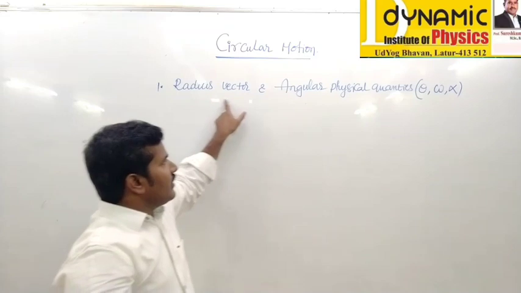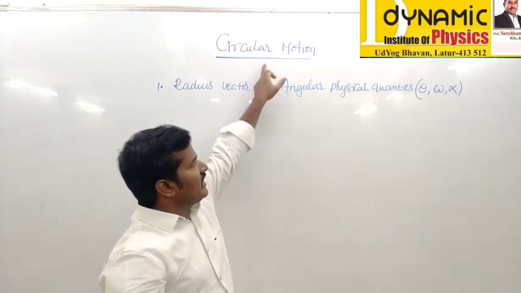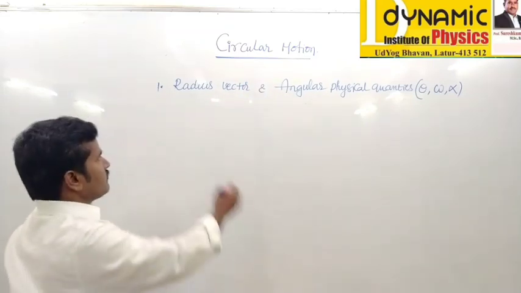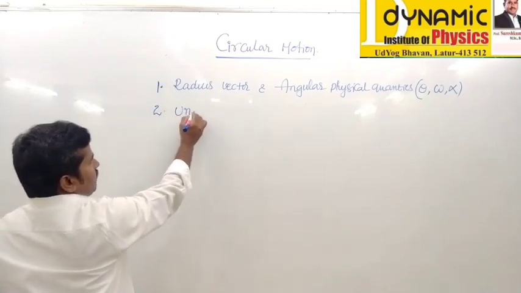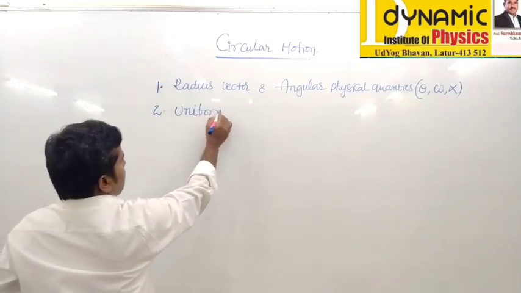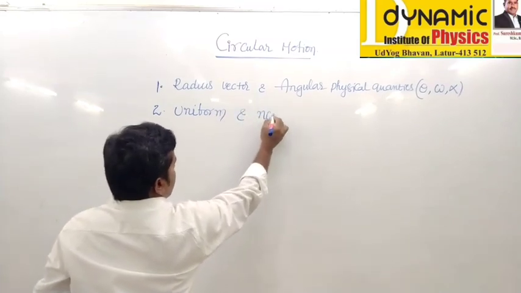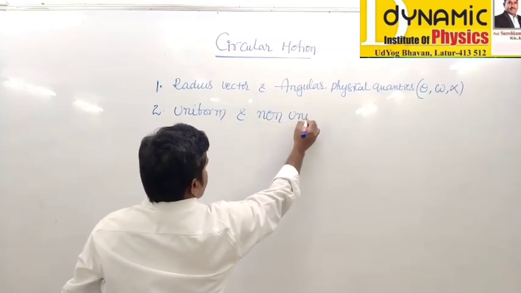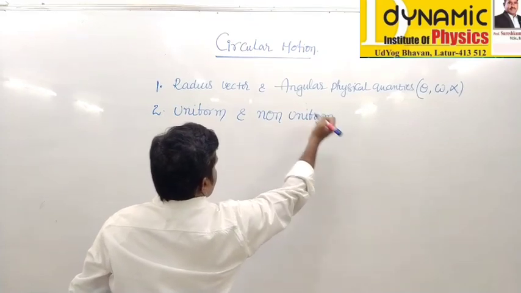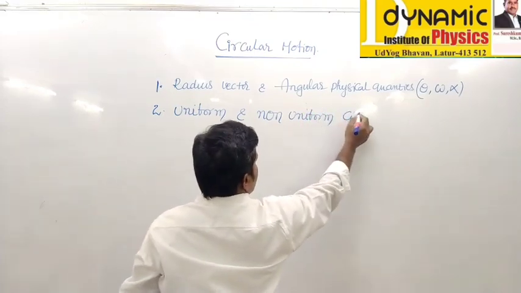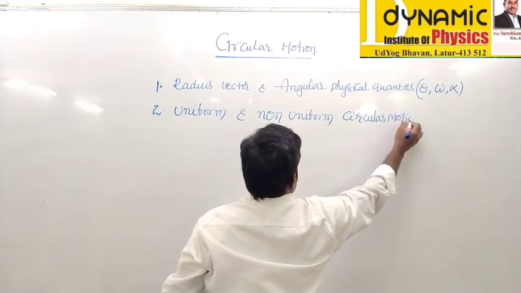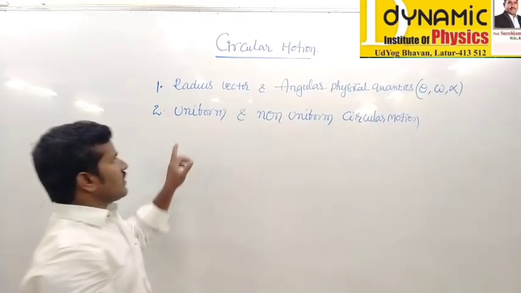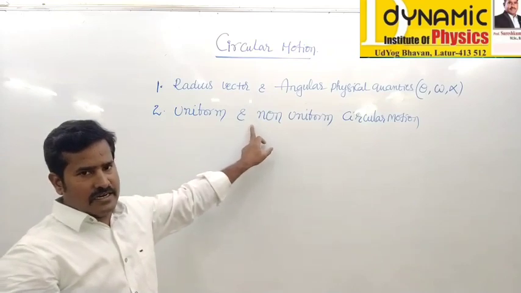And in this, types of circular motion, uniform and non-uniform. Two conditions it is. So that is uniform and non-uniform circular motion. This is the second subarticle.